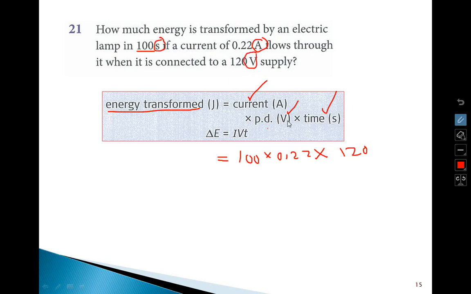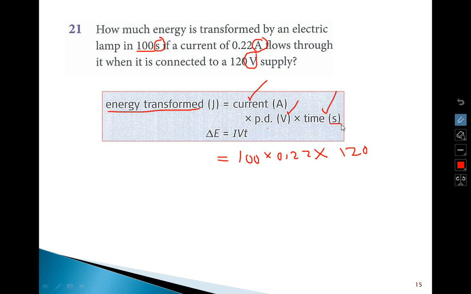Not, for example, milliampere. No, it must be the same measure. Or sometimes the time is in minutes. You need to keep the same standard for them.